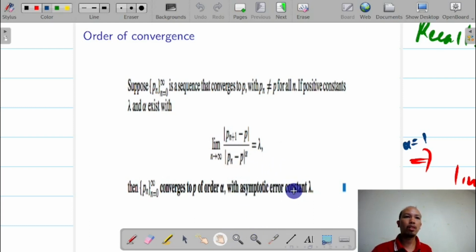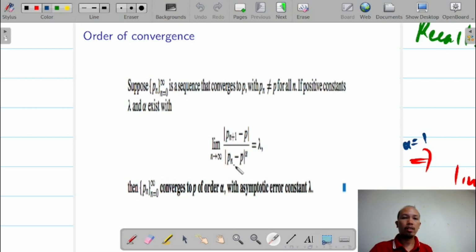Okay, if it is quadratic or linear convergence, since we already have a closed form expression of our a sub n plus 1, then you can easily get the limit.